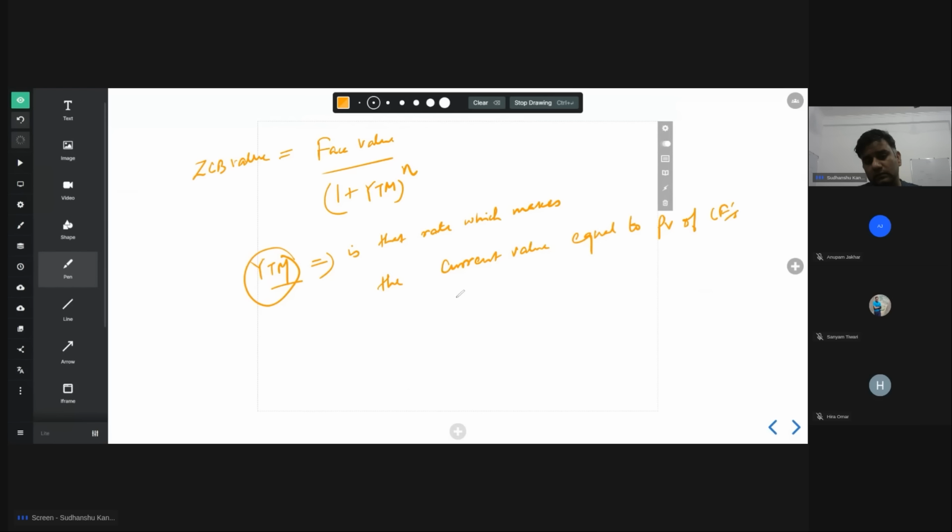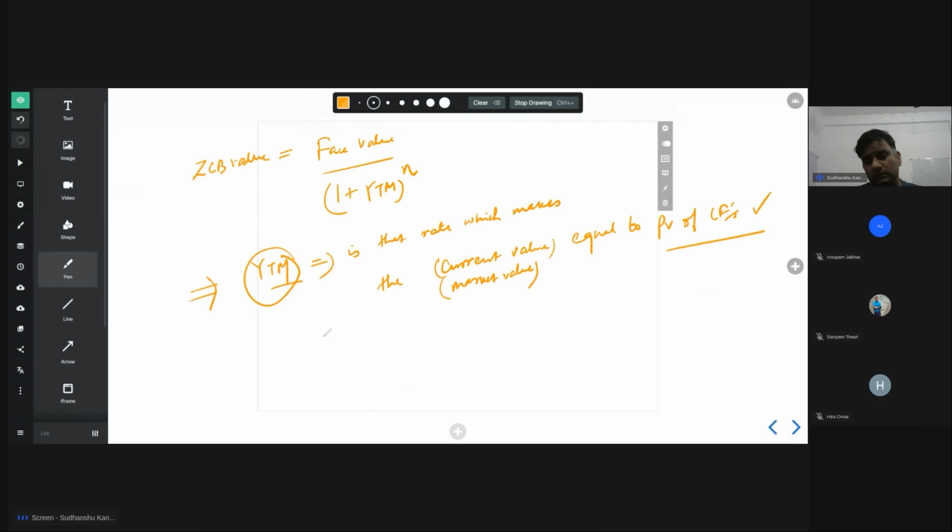Current value means market value equal to present value of cash flows. Okay, so that is your YTM. YTM is that rate which makes market value, which is also called current value, equal to the present value of cash flow, right? So this is the basic definition, guys.